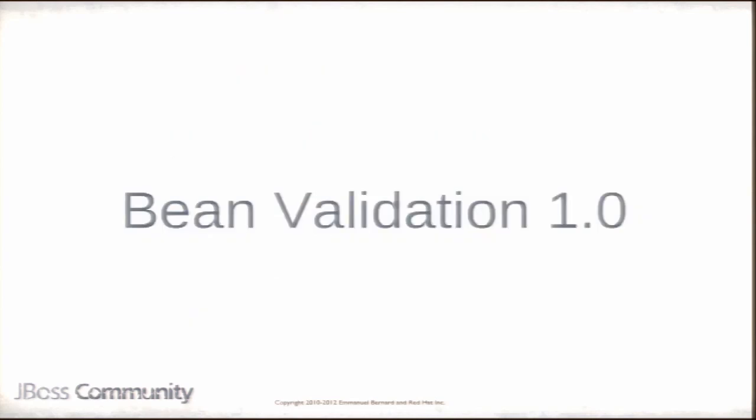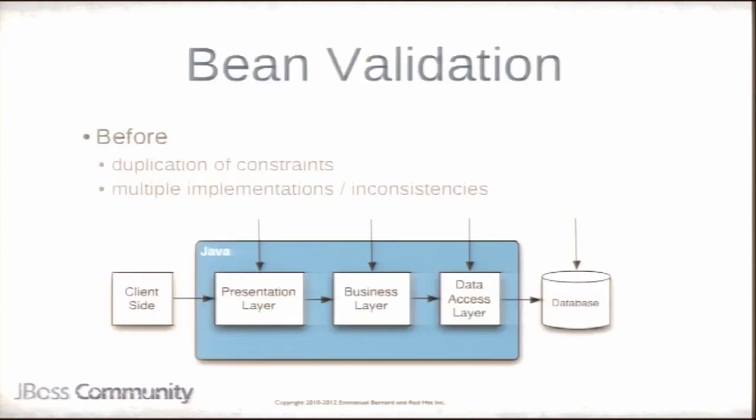So let's first remind you about bean validation, the core concepts, and why we did this specification. Before bean validation, you still had constraints and validation, but you were applying them at several layers of your application, right? In your presentation layer, maybe you had an XML-driven validation framework, let's say some Struts validation, something like that.